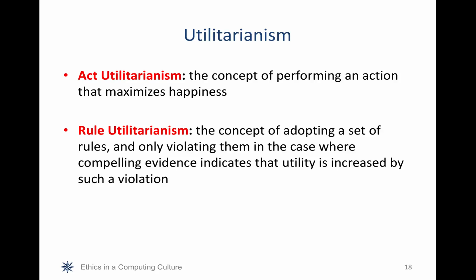Individuals may be able to make exceptions to following the rules, but need to be able to justify such exceptions. So something that might be considered good in rule utilitarianism can be considered bad in act utilitarianism. Can you explain that and explain why? You should think about that.